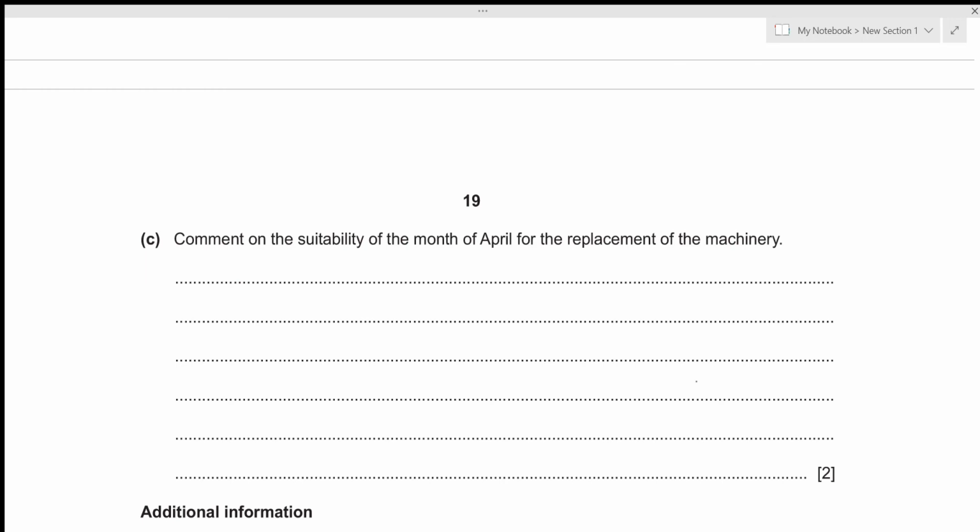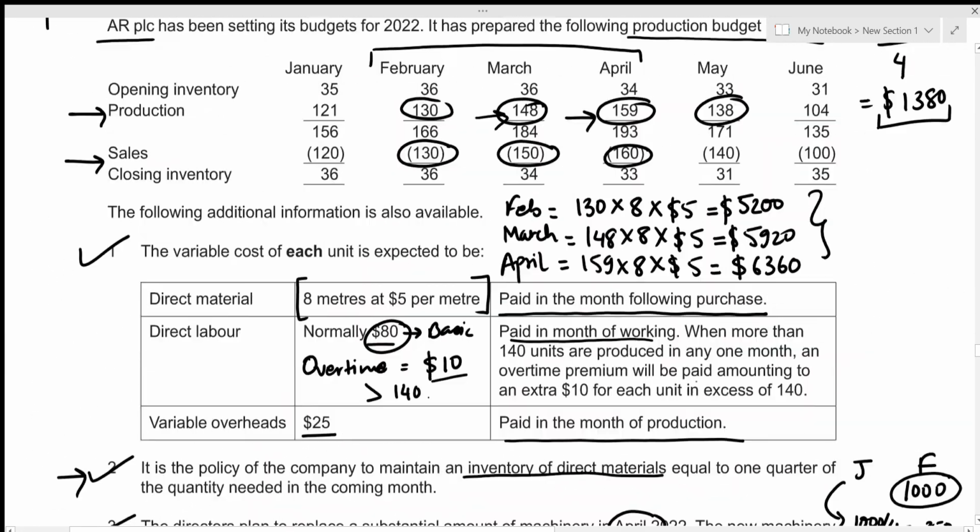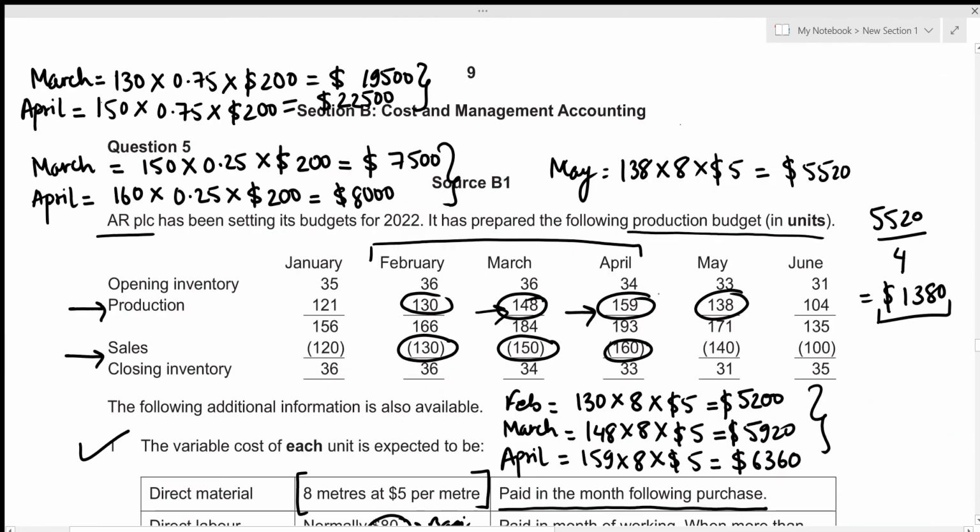So firstly, let's have a look at the production level. We can see that the production level for April is 159, which is the highest for the first 6 months of the year 2022. Let's write it down.